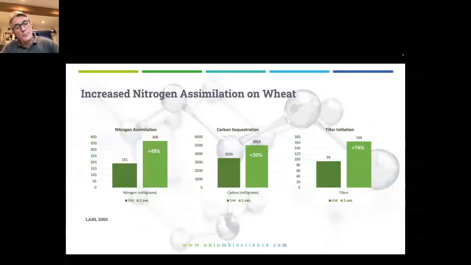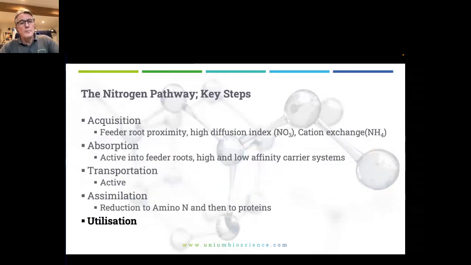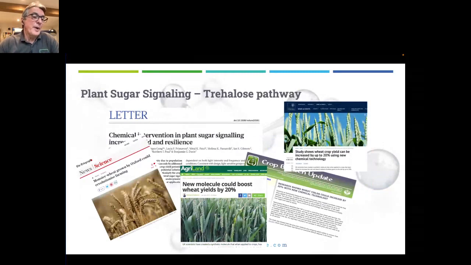That improves nitrogen assimilation, it improves carbon sequestration, and that leads on to things like improved tiller initiation, improved leaf protein and assimilation into that leaf structure, that then builds that biomass. That is the next step, which is the utilization of that for yield and quality. So when we look at utilization, and this pathway has only been researched approximately for the last 20 years, so you can see how new some of these pathways and signaling molecules are that we're working with.